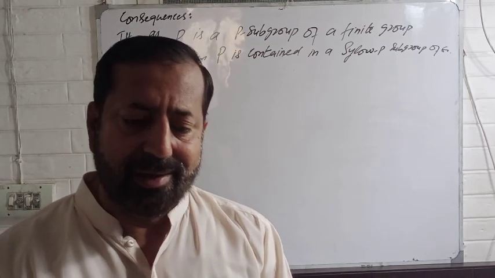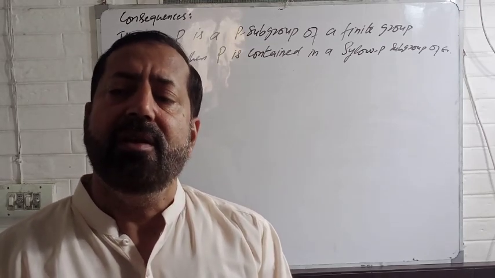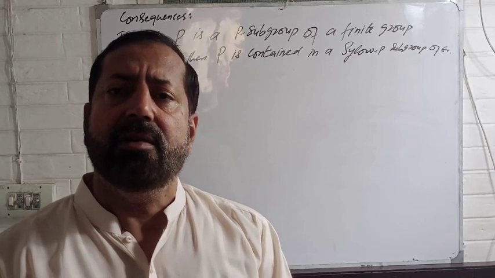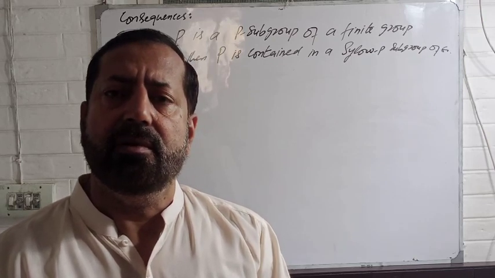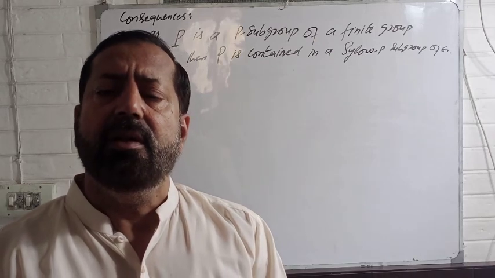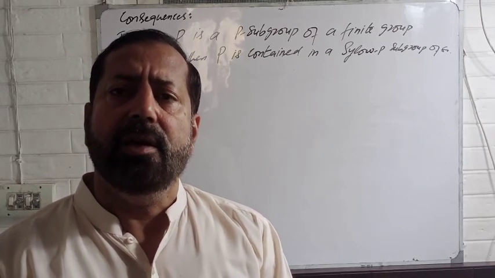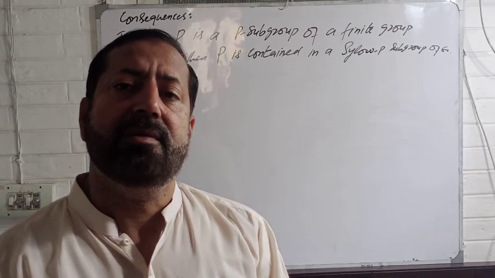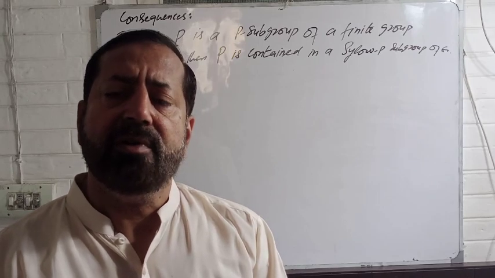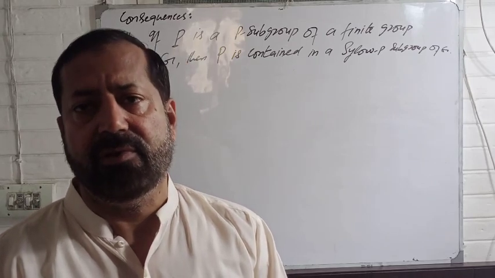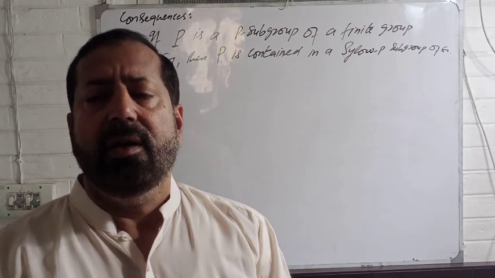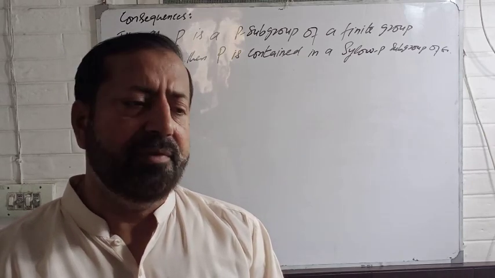It was: if a number D divides the order of the group G, can you always find a subgroup of order D? This was the popular question, and we are giving the answers to these two questions.